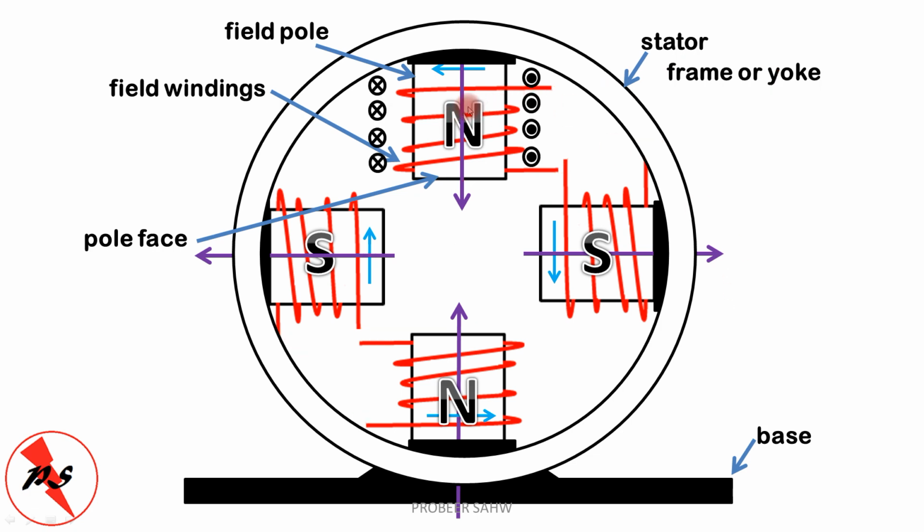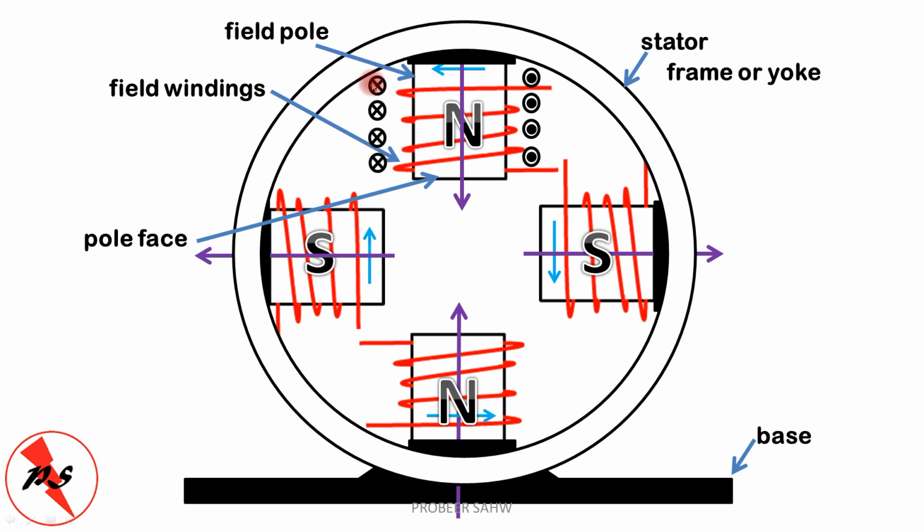Now it is very difficult to show these types of windings in DC machines, because it will crowd our diagram and the analysis will become much more difficult. So instead of showing windings, we show these types of symbols which represent the direction of current.